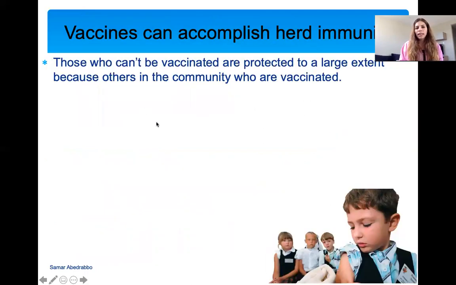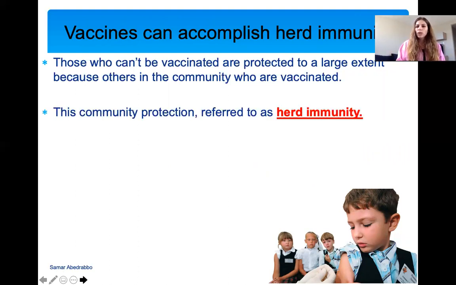The main idea behind vaccination is to build herd immunity. There are many people who cannot be vaccinated: maybe you're immunocompromised, you have a certain disease, you're of a certain age, babies cannot be vaccinated for everything. So they're protected by everyone else who's vaccinated, and we call this herd immunity.